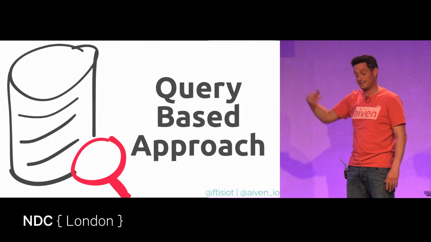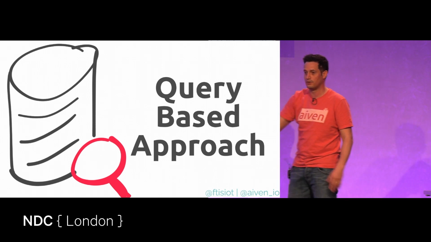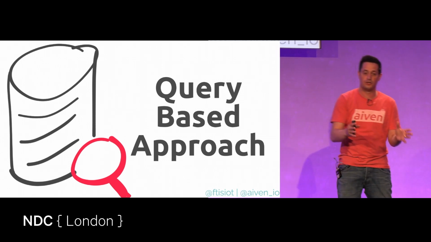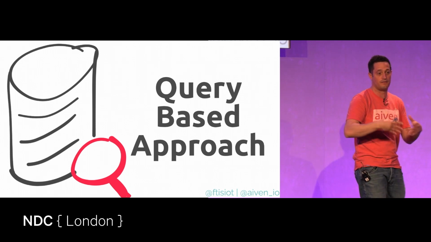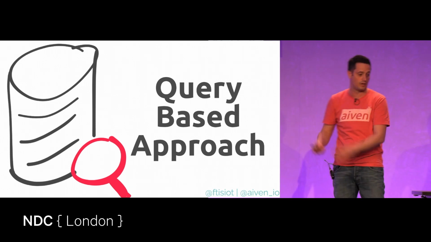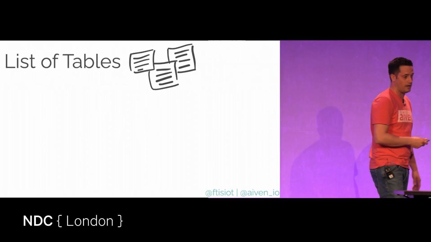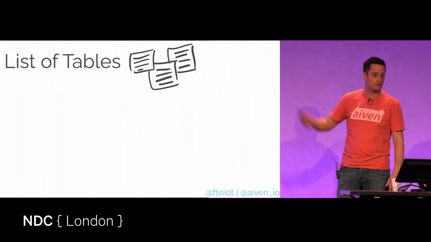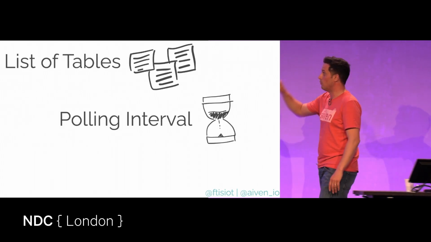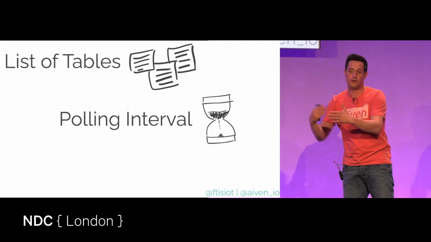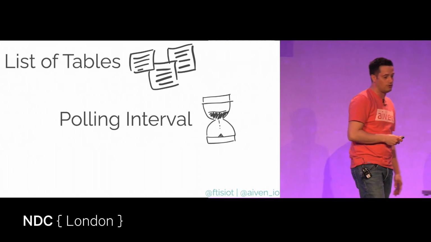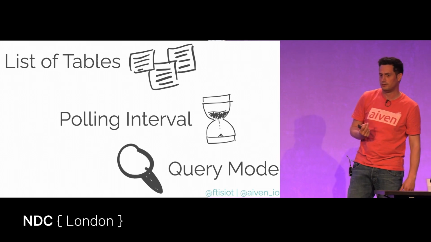There exists a Kafka Connect connector named the JDBC connector that allows you to query a lot of databases via JDBC and take all the data into Kafka. All you need to specify is the list of tables that you are interested in, how frequently you want to poll in order to check for new rows, and also the query mode.